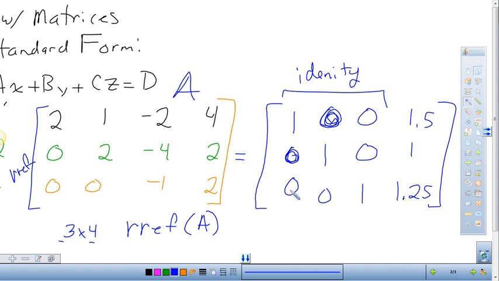All 1s and 0s, with 1s going down in a diagonal from the top left to the bottom right. This last column is your answers. This is what x equals, this is what y equals, and this is what z equals. And this does work with linear functions as well. Pretty awesome. So then you can just jump right to your answer, 1.5, 1, 1.25.